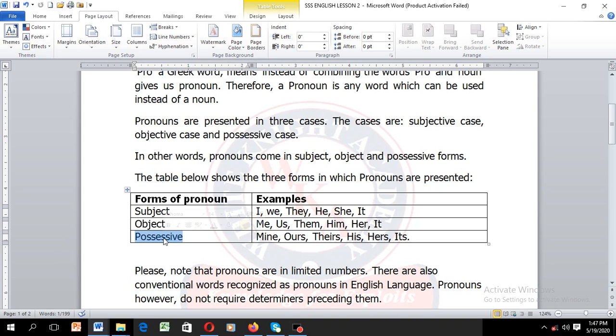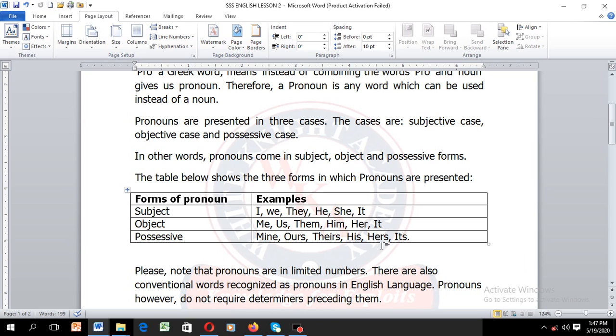Like we use mine as a possessive for a singular form, referring to one person, and ours for plural form of a group of people, including yourself speaking. Then we have theirs, his, hers, and its. These are the forms of pronoun in subject, object, and possessive form. Are you following what I am saying here today?